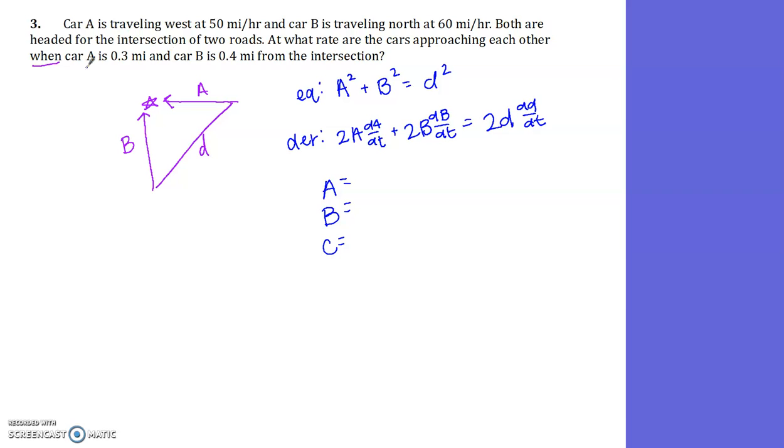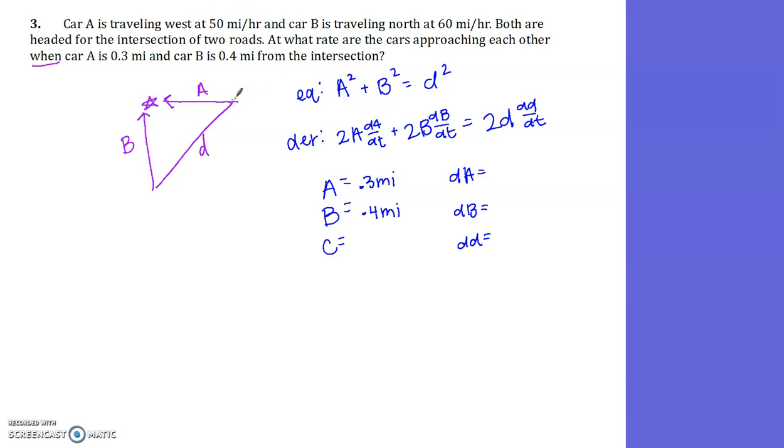They said car A is 0.3 miles, car B is 0.4. I don't know what D is yet. Then the dt's, these are my rates. So car A is going west at 50 miles per hour. Make sure with your rates, you always determine whether they're positive or negative.